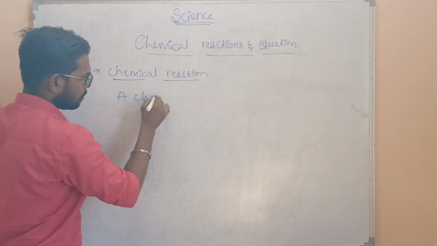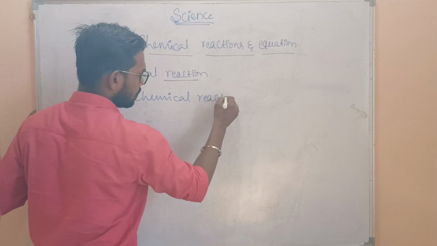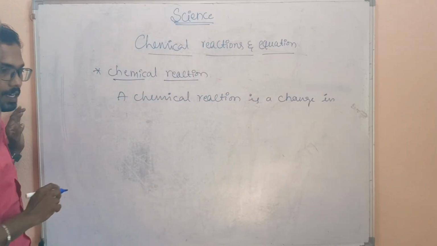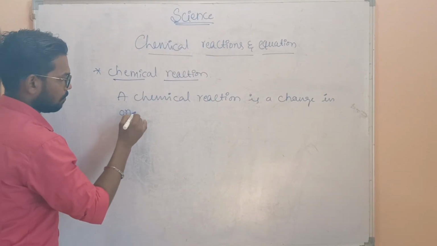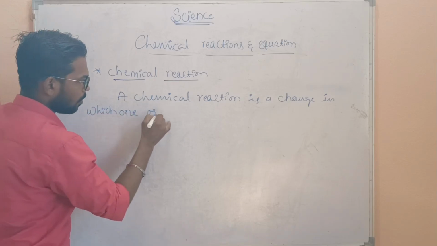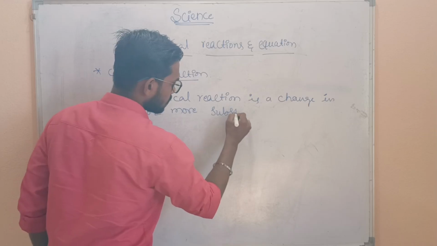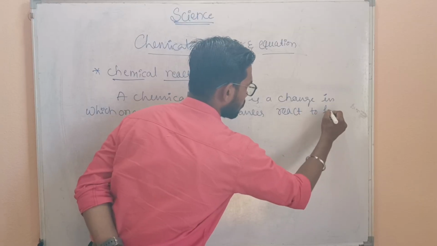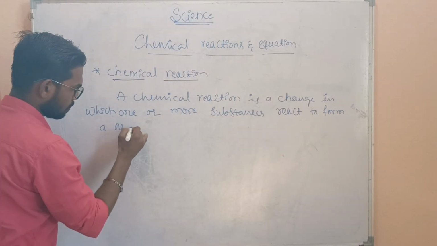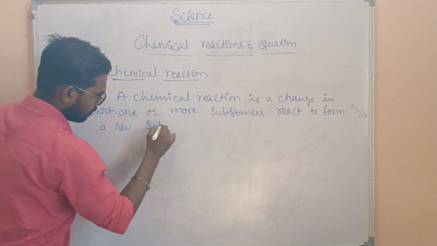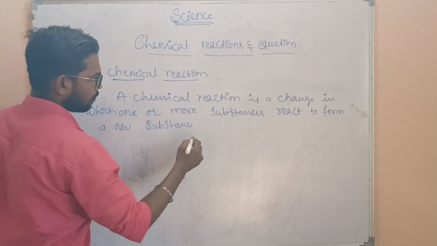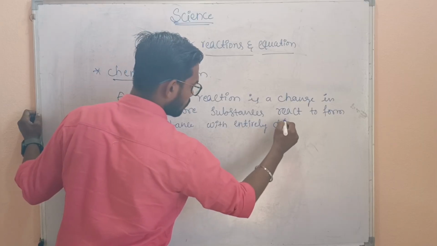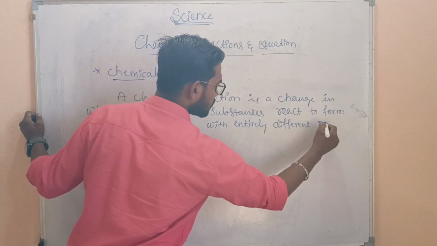So a chemical reaction is a change in which one or more substances react to form a new substance with entirely different properties.